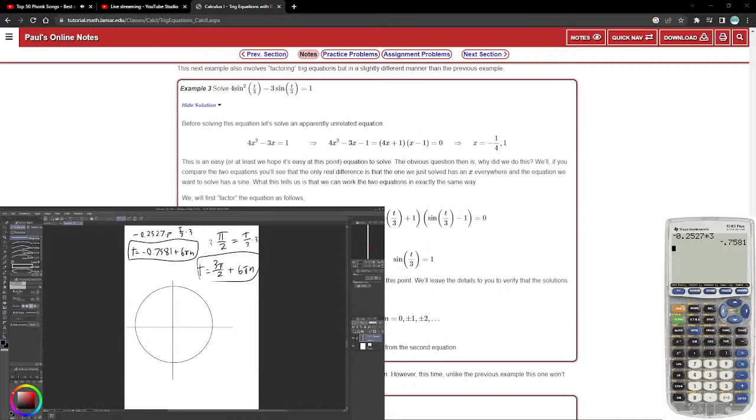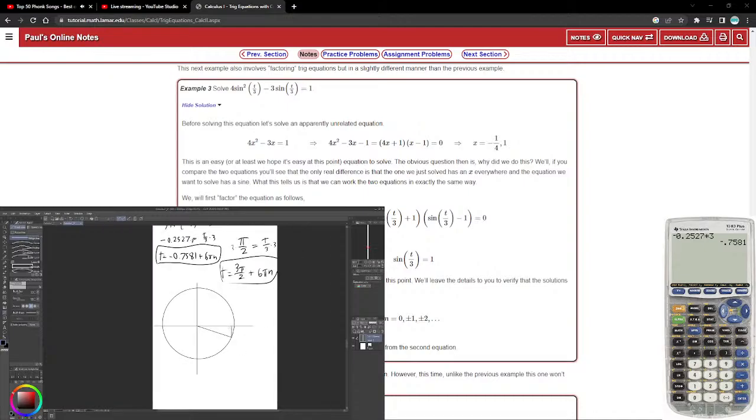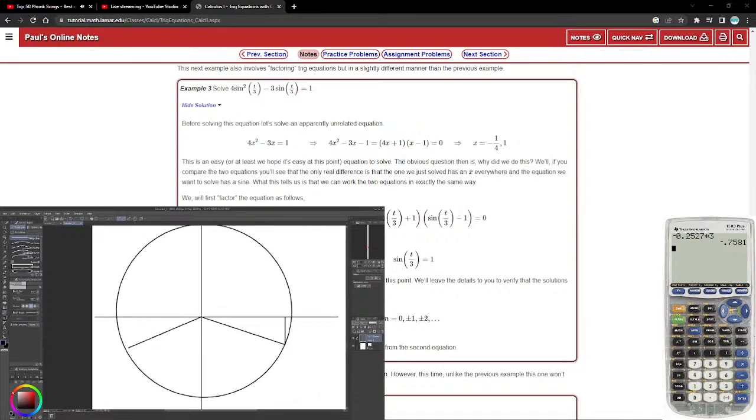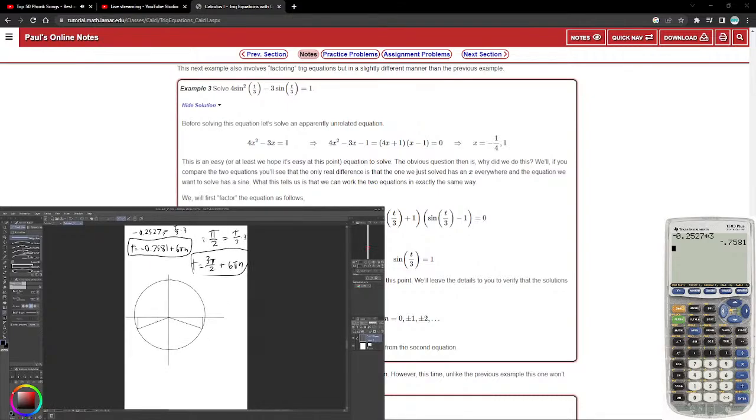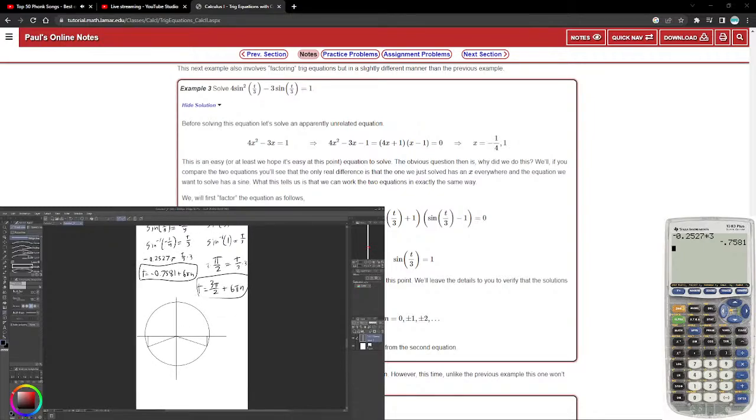And this will be somewhere in the fourth quadrant, here or something, I don't know. And the other one will have to be in the third quadrant. So to find this, I'm going to find the positive version of this.